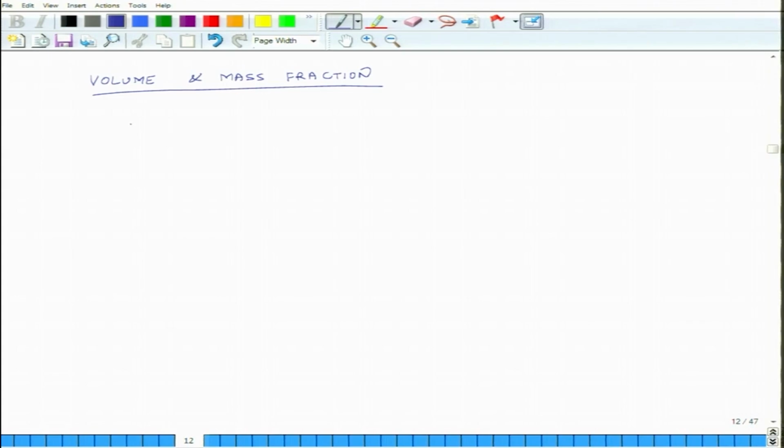So, typically you have a composite, and it is made up of two important ingredients, fiber and matrix. So, let us say you have a sample of composite. So, these are fibers and then you have matrix.